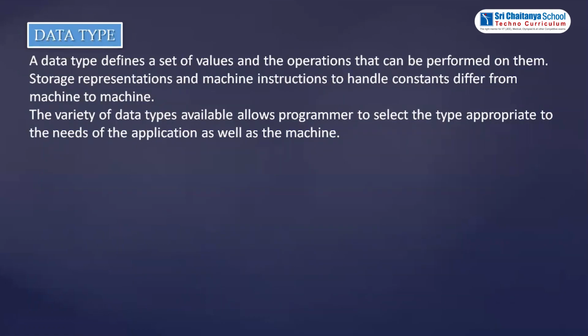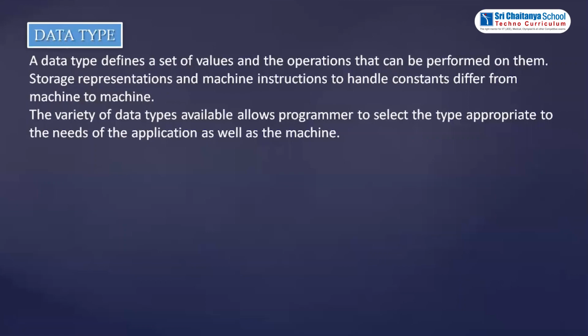For example, I wanted to find the sum of two numbers. So when I had to find the sum of two numbers, what type of variable should I choose, and what data type should I choose? That becomes a question here.